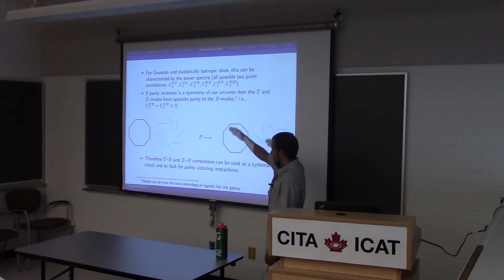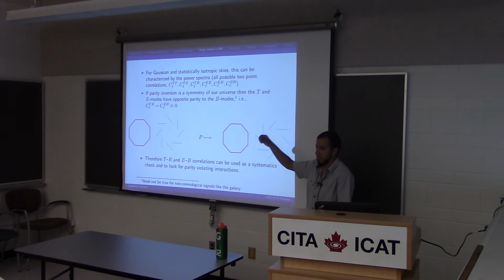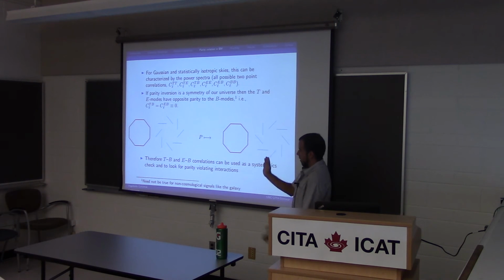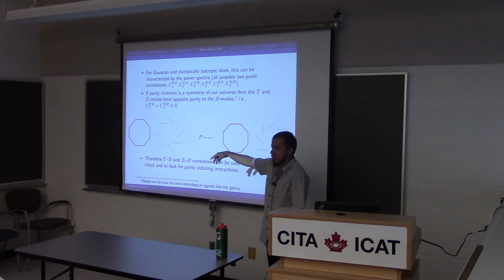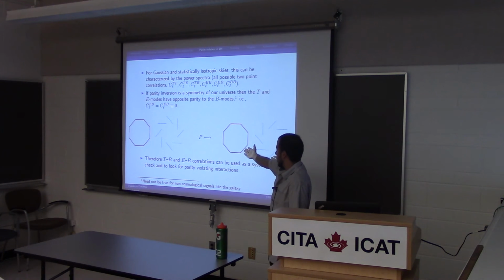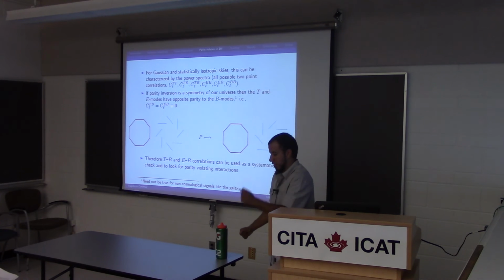The red octagon shape is what the E mode polarization pattern looks like around a hotspot. It's either parallel or tangential to hotspots, and B modes look like windmills. If I view the CMB in a mirror, then the E modes look the same, but the B modes have flipped, so they pick up an extra sign.